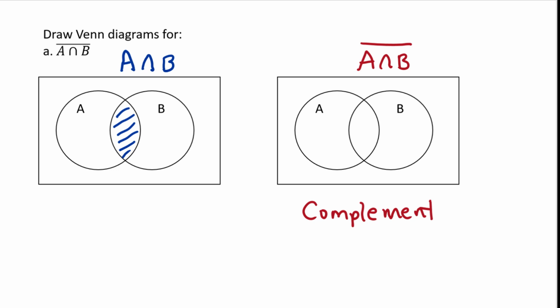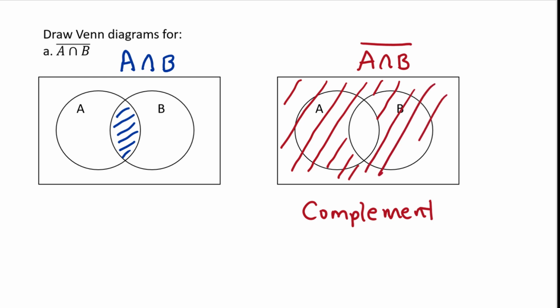It's the completer. It makes the whole Venn diagram. So in this instance, the complement or the negation of A intersect B is the Venn diagram portion that was not shaded for A intersect B. And just notice that if you were to superimpose those 2 Venn diagrams on top of each other, you would complete the entire rectangle. It completes it.